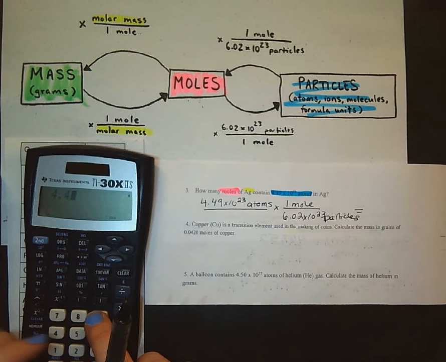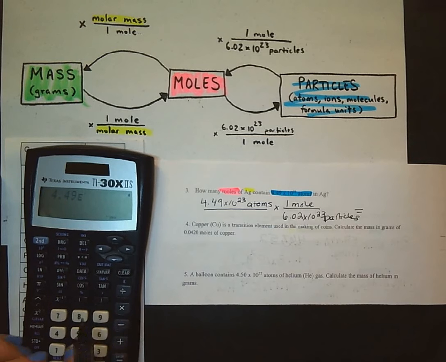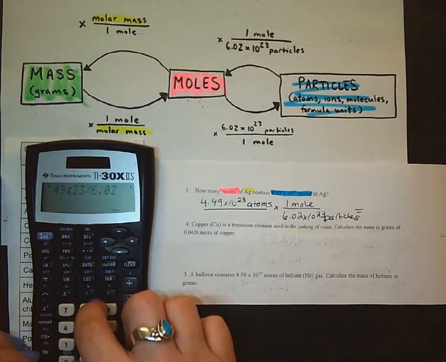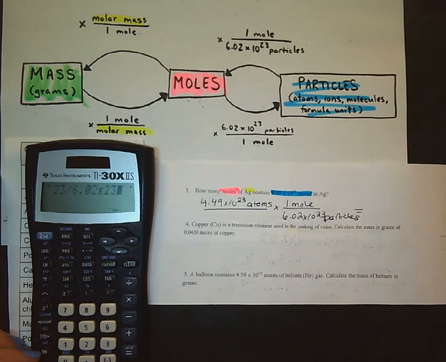4.49 times 10 to the 23rd divided by 6.02 times 10 to the 23rd. And it gives us a really small number.